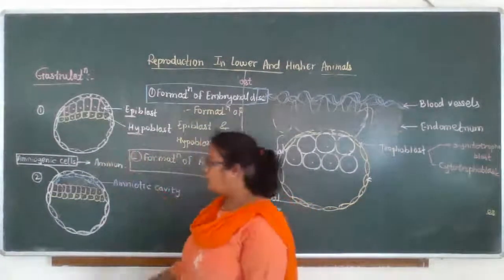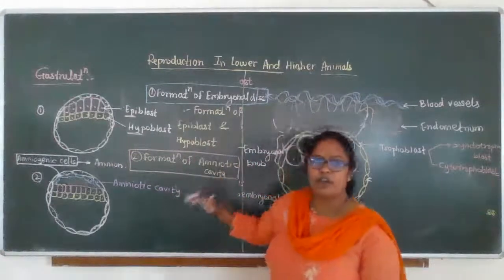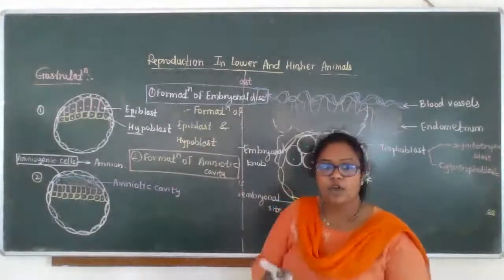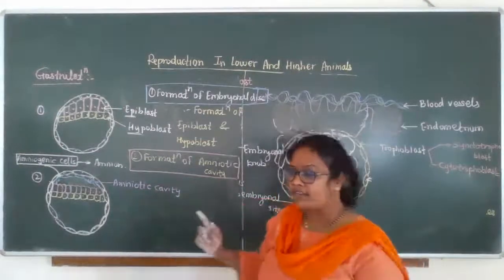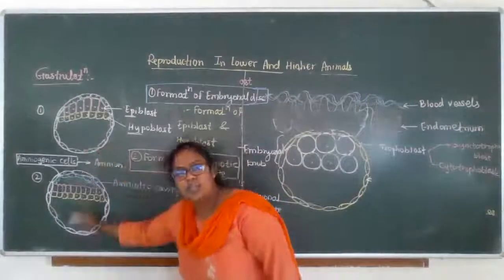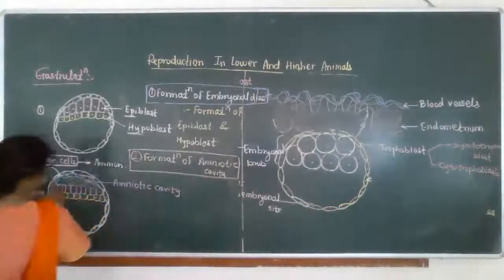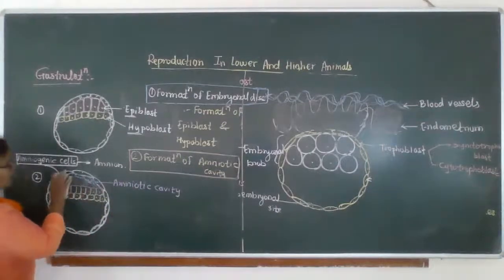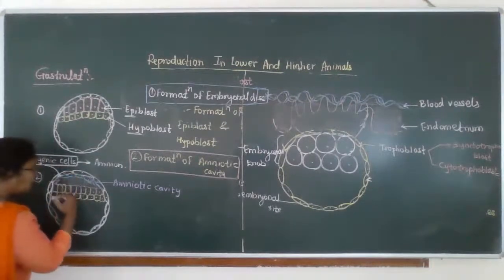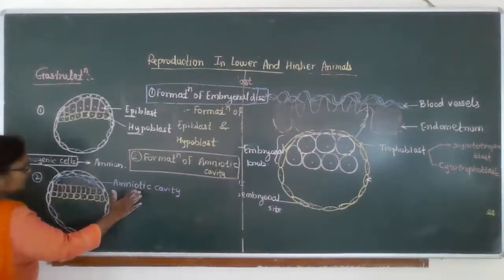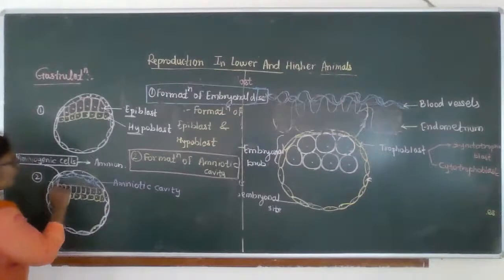Further on, the second step is the formation of the amniotic cavity. कैसे बनती है वो cavity? These cells are moving downward, and the trophoblastic cells at the roof or top side start dividing. They form amniogenic cells. So these cells move downward and a cavity gets formed. This cavity is called the amniotic cavity.